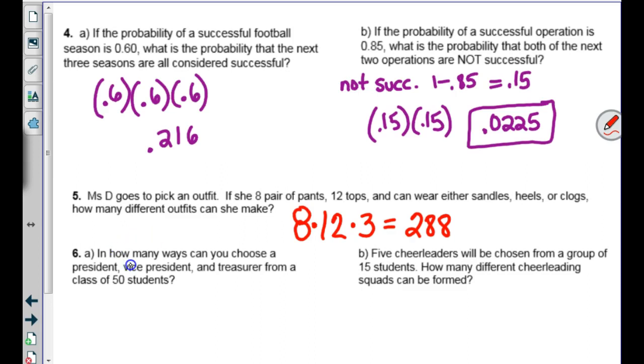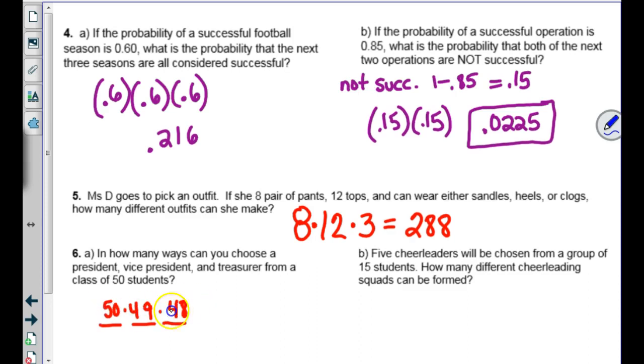All right. How many ways can you choose a president, vice president, and treasurer from a class of 50? I would just do this: 50 times 49 times 48. But does anybody remember, is that a permutation or a combination question? It's a permutation because ABC counts different than BAC counts different than CAB.